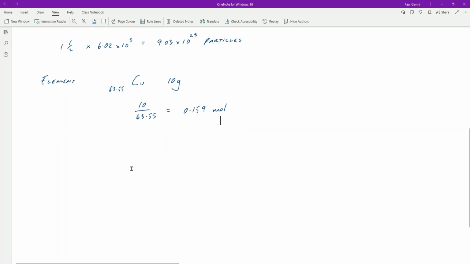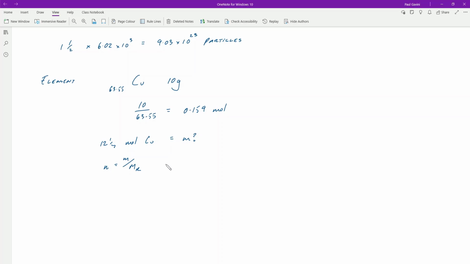Conversely, let's say I had 12.5 moles of copper. How much mass would I actually have? Alright, so I'm going to rearrange my little equation. So mole equals mass divided by relative molecular weight or atomic weight.